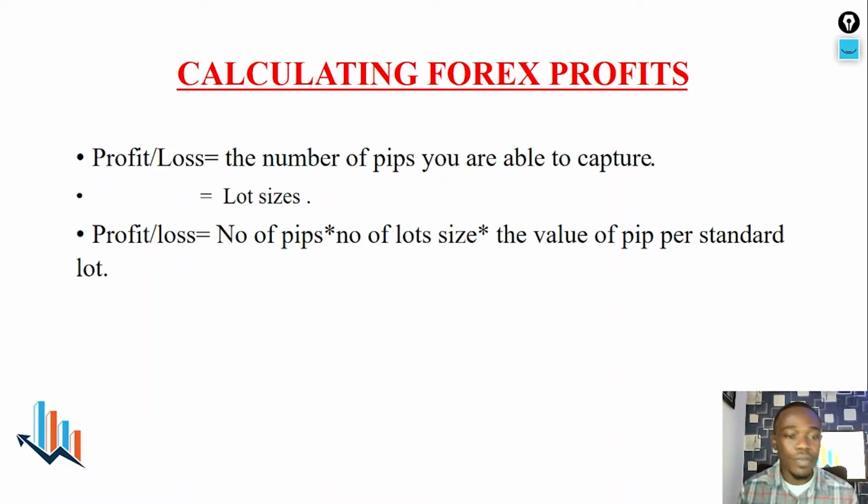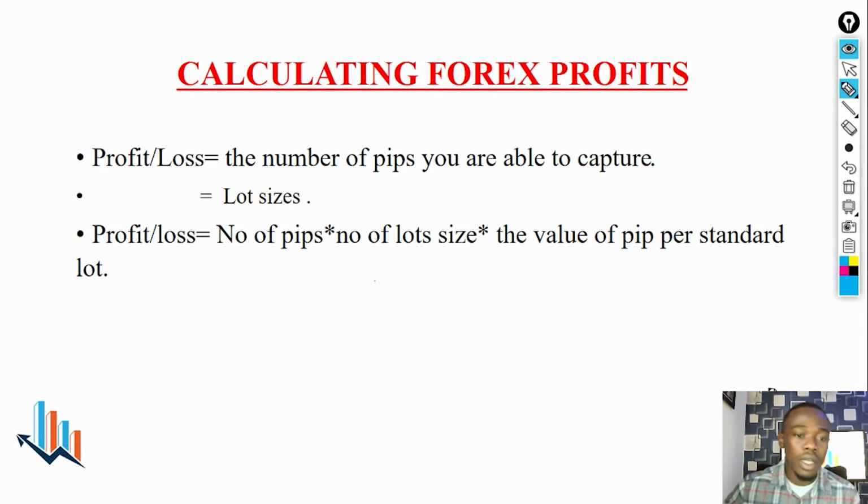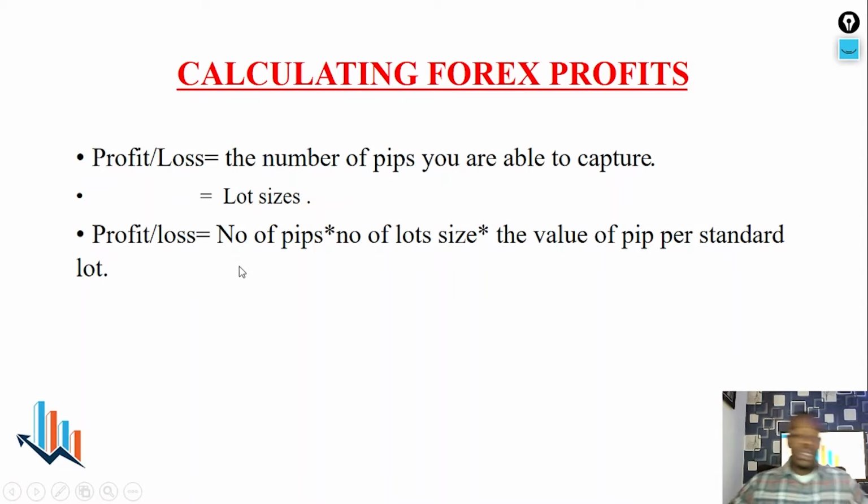So we have a formula for doing this, and the formula goes like this: profit equals the number of pips times the lot size times the value of a pip per that lot size.